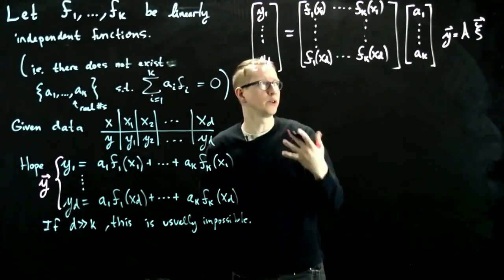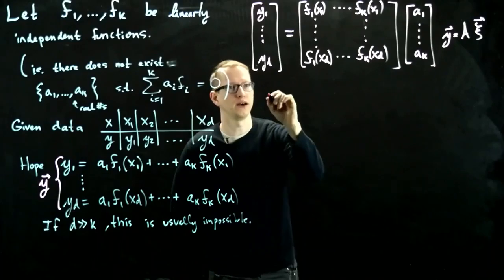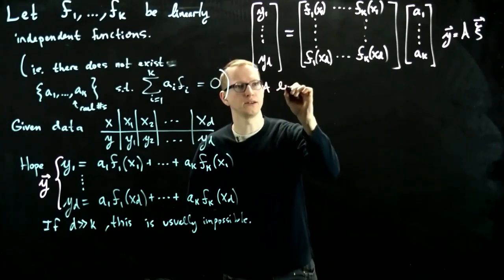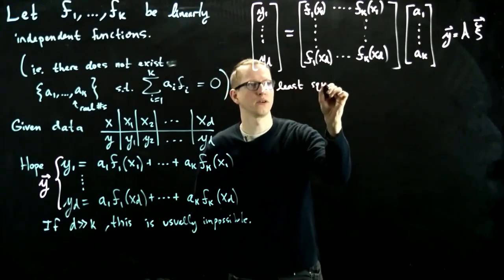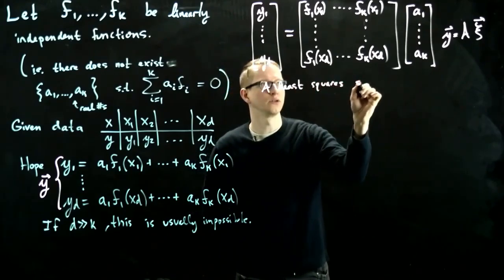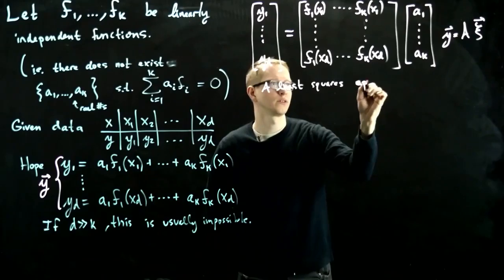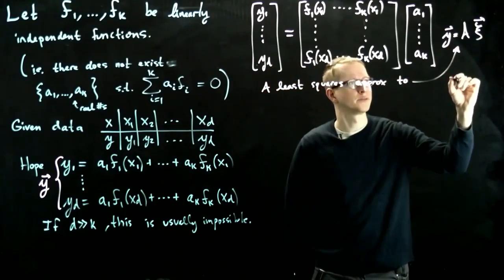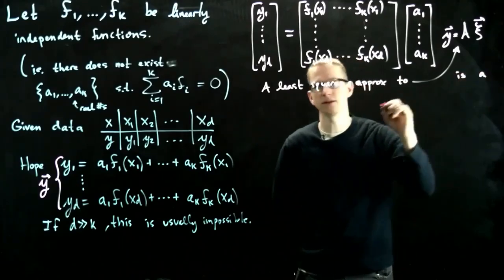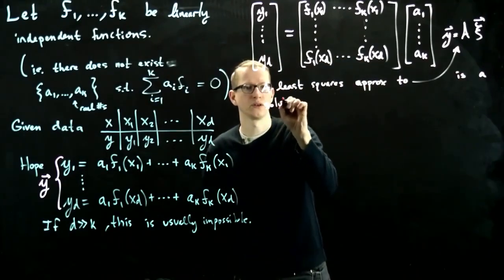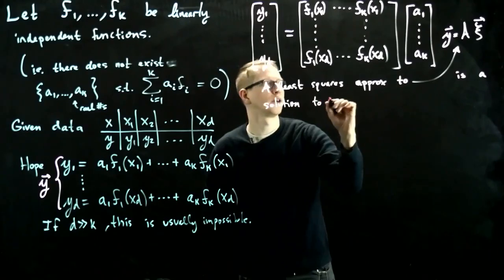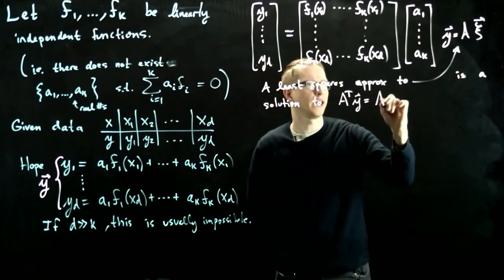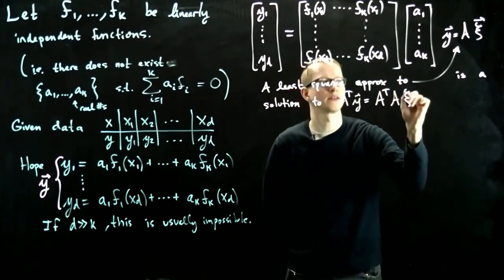And the way that we would like to solve this is, again, a least squares solution. So a least squares solution or approximation to this is an actual solution to A transpose y equals A transpose A c.